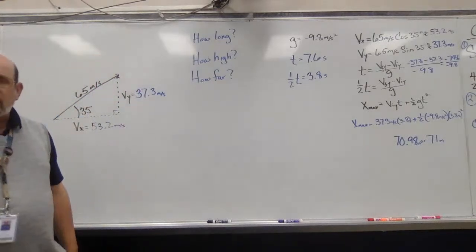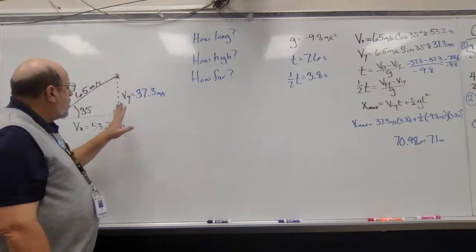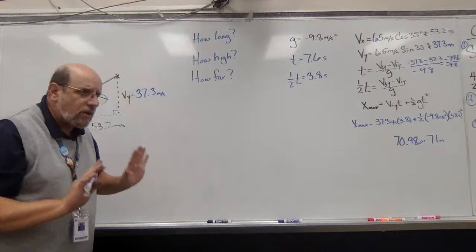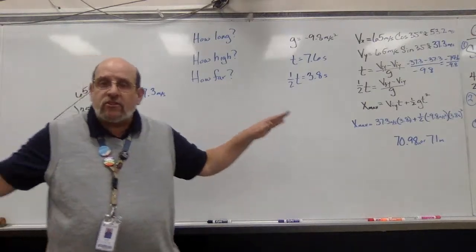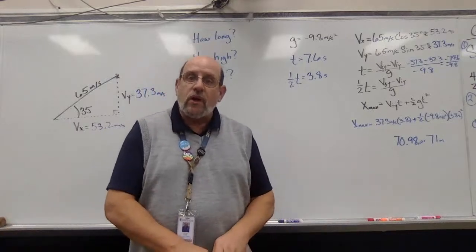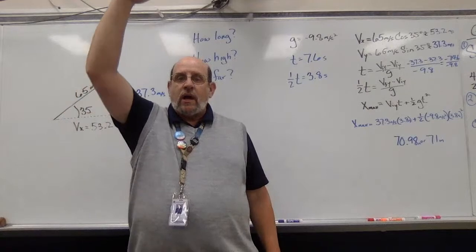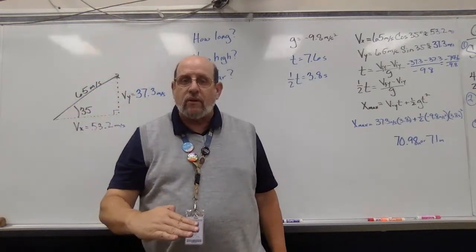And this is where things get a little bit wonky for some people. We figure vertical motion and horizontal motion differently. We keep them separate. So if we want to know how long it took, we need to know how long it took to go up to the highest height and come all the way down.